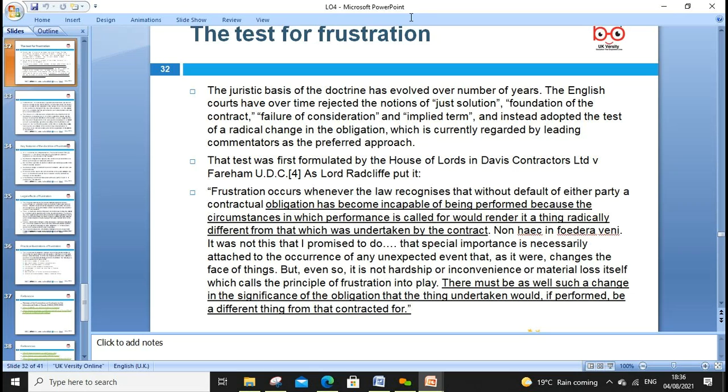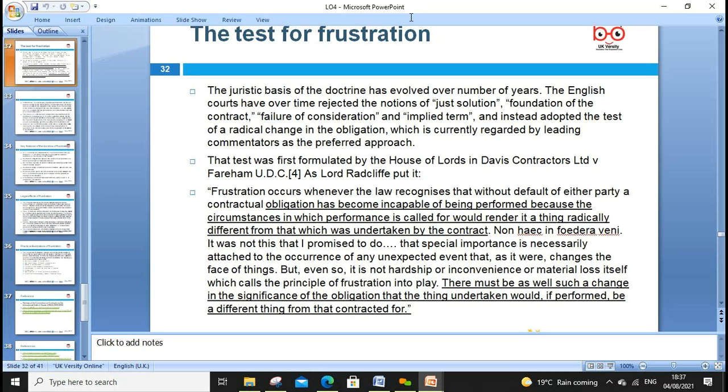So you have to do the test: what was the reason behind not performing it? Like the COVID-19 lockdown. If they really couldn't perform it, the other party has the right, of course, but may not be entitled to damages because that wasn't individual control.